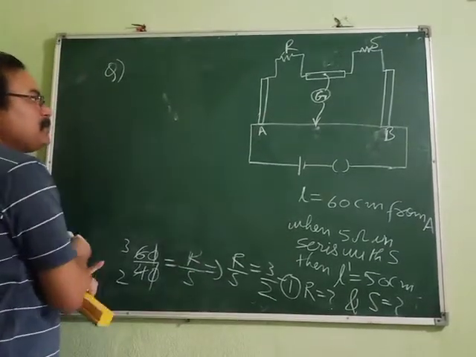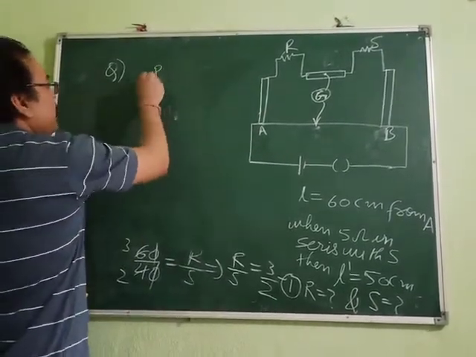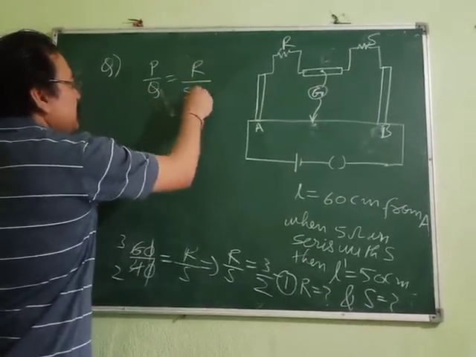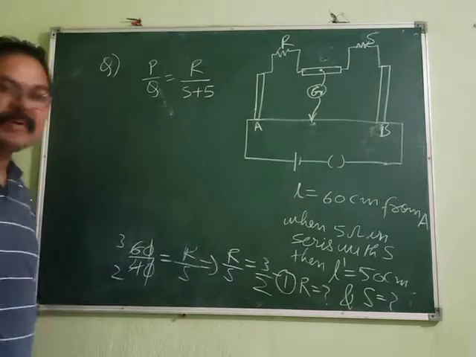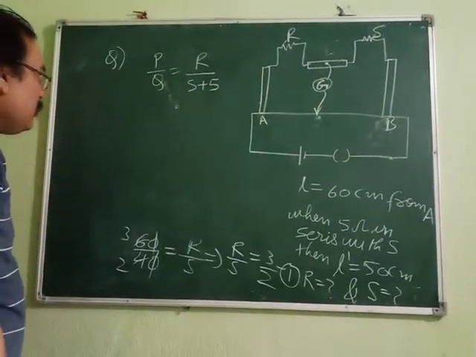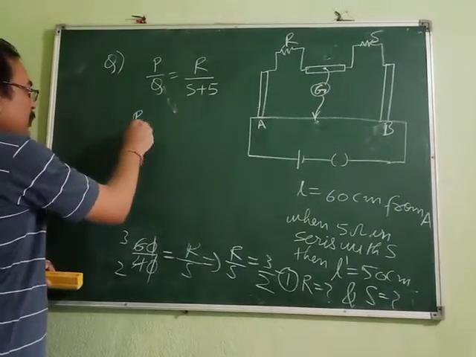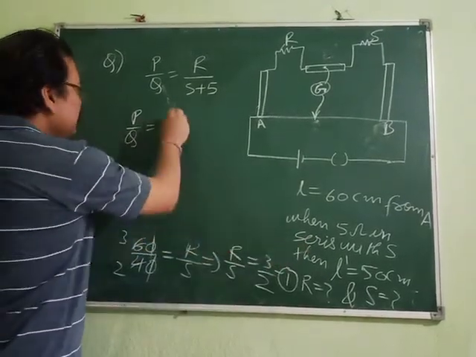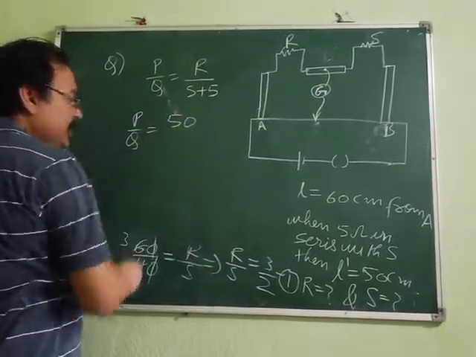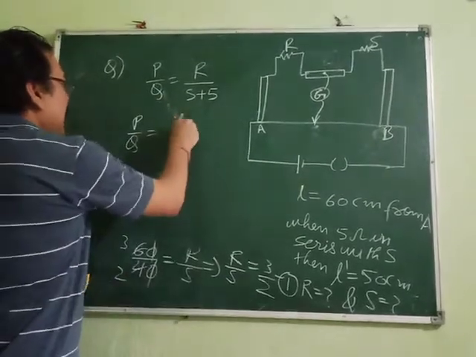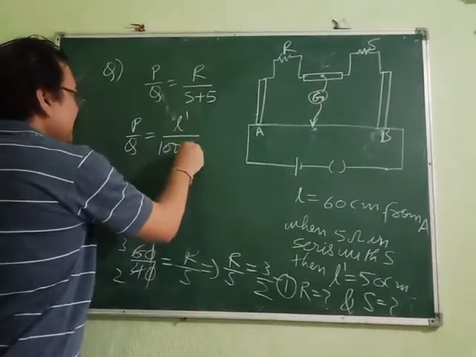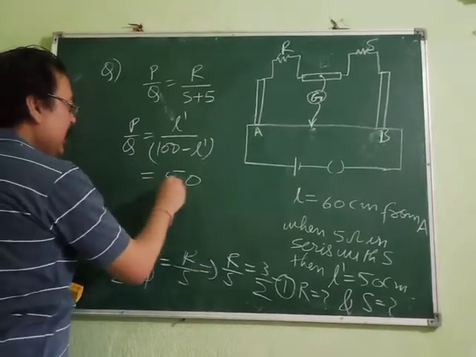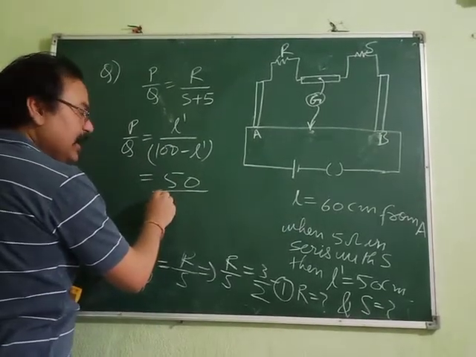So when 5 ohm is connected, we can write P by Q is equal to R by S plus 5. Now again, P by Q will be how much? L dash is 50, and 100 minus L dash is 100 minus 50.